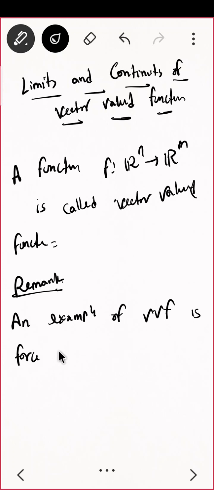Force acting on a moving particle. Correct? Force acting on a moving particle. Since it is a moving particle, the coordinate will be n-dimensional and force is a vector. So that is an example you can calculate.